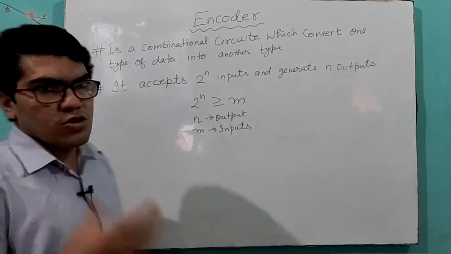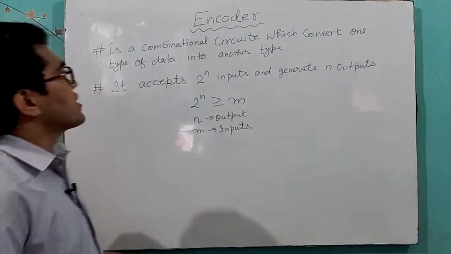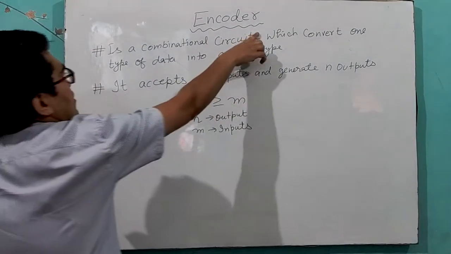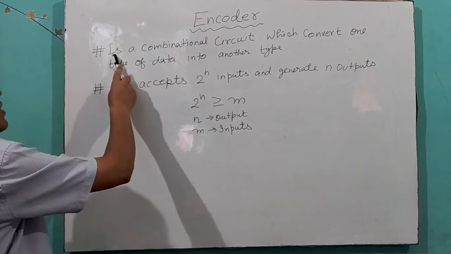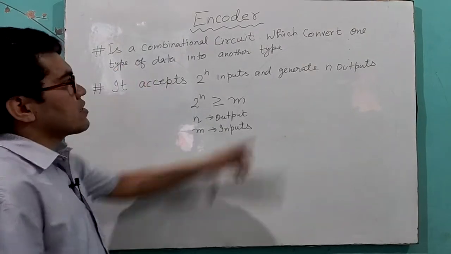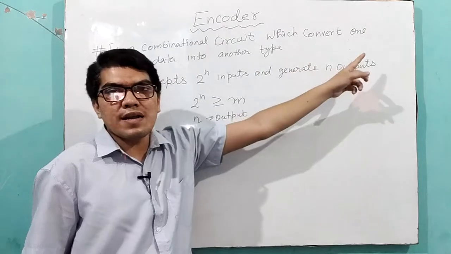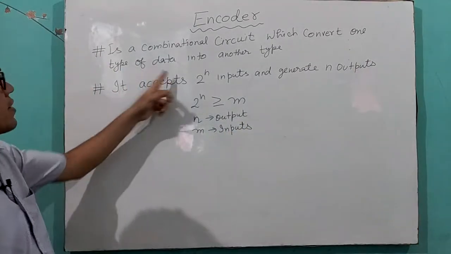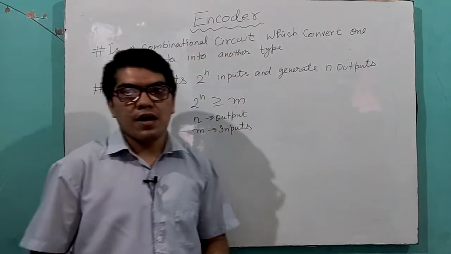In computer science we can define encoder as a combinational circuit which converts one type of data into another type.